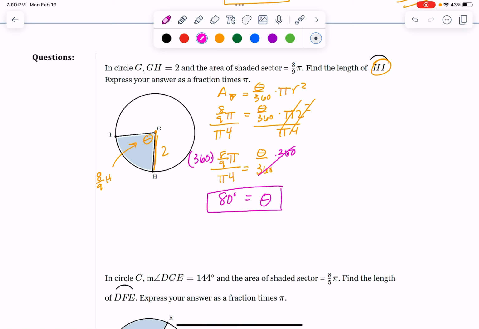So now, when I do arc length of that same sector, it is theta over 360 times 2 pi r. I now know my theta is 80 degrees. 2 pi, my radius is 2.